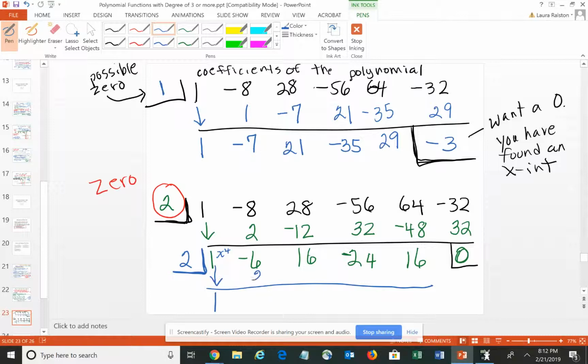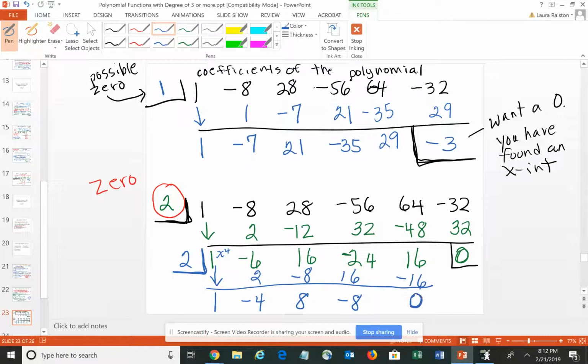2 times 1 is 2, plus negative 6 is negative 4, times 2 is negative 8, plus 16 is 8, times 2 is 16, plus negative 24 is negative 8, times 2 is negative 16.